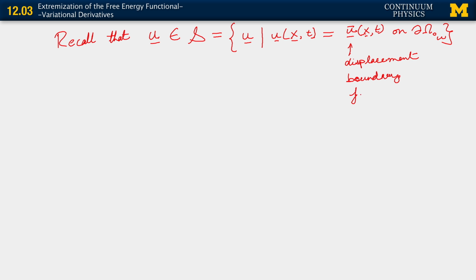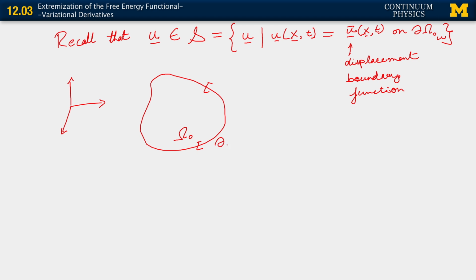It's just the value that our displacement field has to take on the relevant part of the boundary. This is something that we've alluded to in the past. We've talked about the fact that if this is the body in the reference configuration, we have our traction boundary, and the complement of the traction boundary is the displacement boundary, where we have u equals u bar.